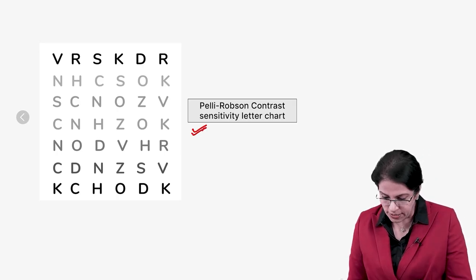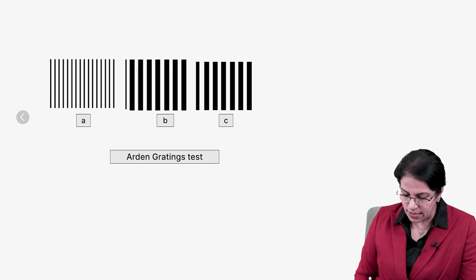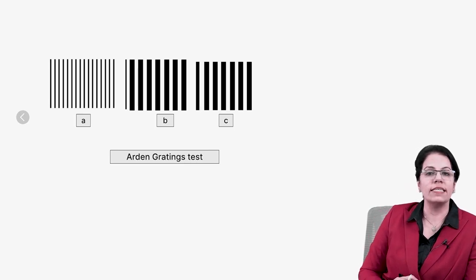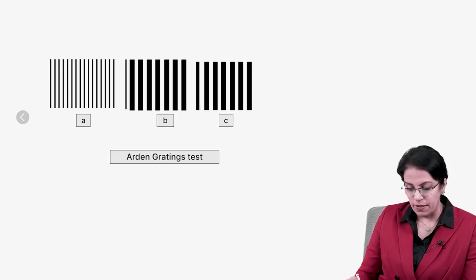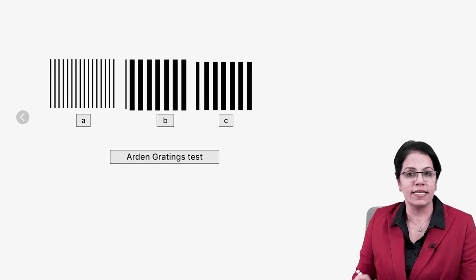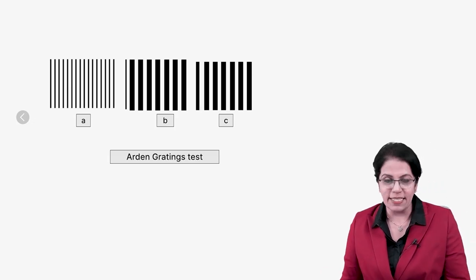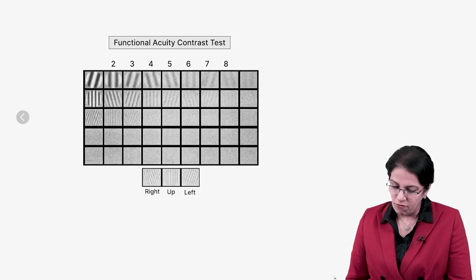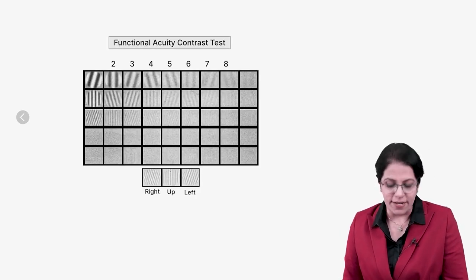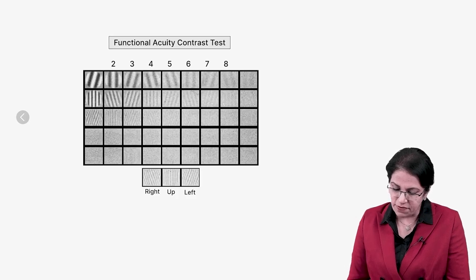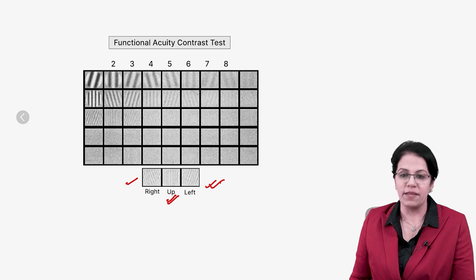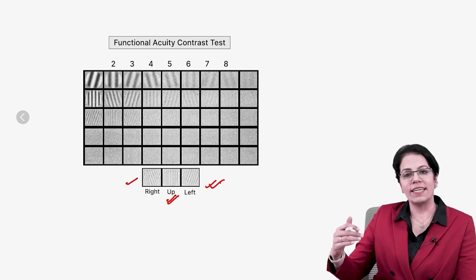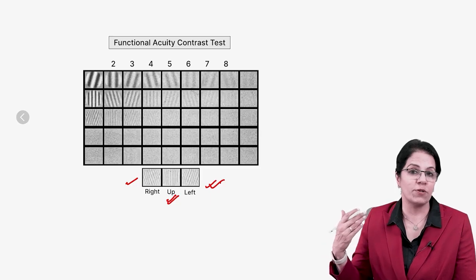What is the next thing we have to keep in mind? Arden gratings. You have the gratings in different contrasts, and if you are able to see and appreciate these gratings, then your contrast sense is good. So second is your Arden gratings. In the Functional Acuity Contrast Test, you can see squares with lines in different directions. We have to tell whether the lines are straight up, or directed to the left side or the right. So as the lines get lighter and lighter, are we able to catch hold of them or not?